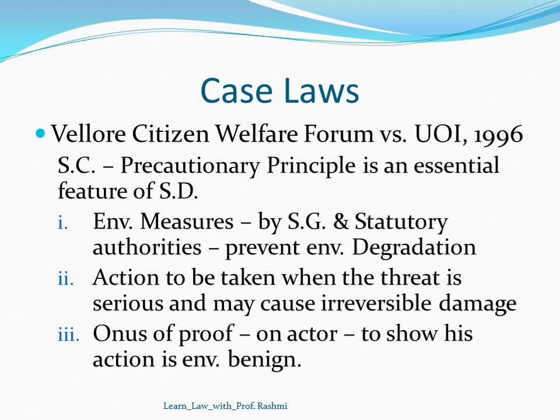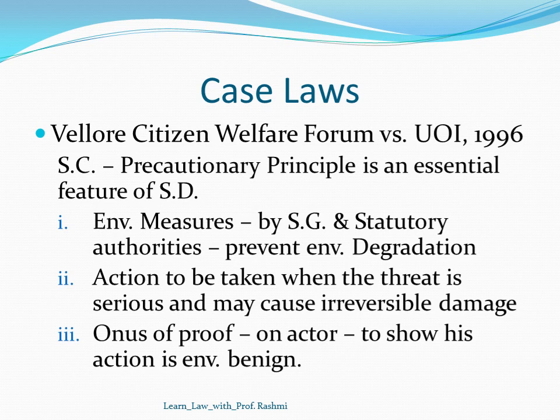Also, the second thing held by the Supreme Court under the precautionary principle was that when there is a threat that serious or irreversible damage may be caused to the environment, such activity should be immediately stopped. Here, there is no scientific proof or certainty required to prove that such activity is going to cause irreversible damage.